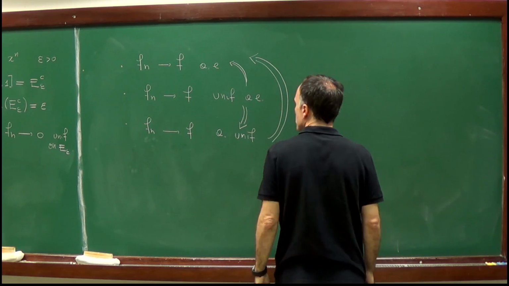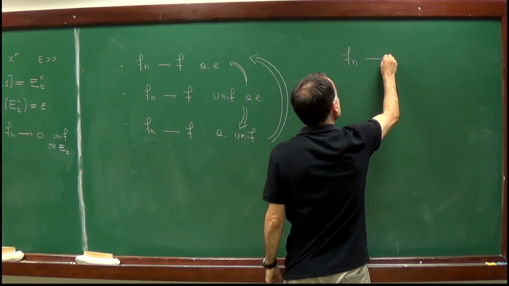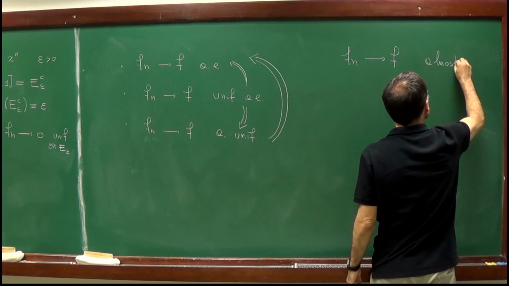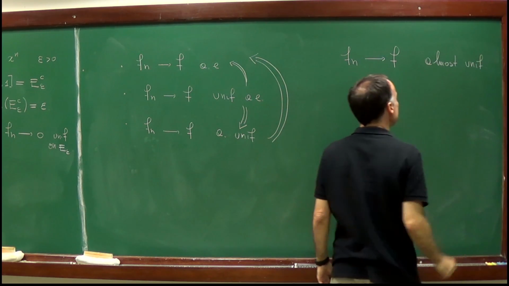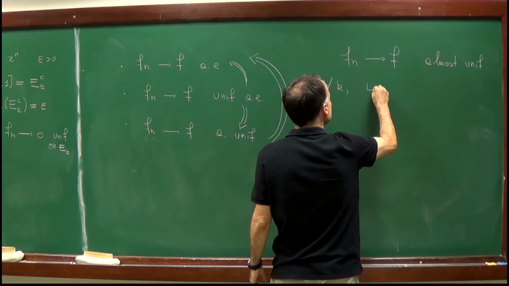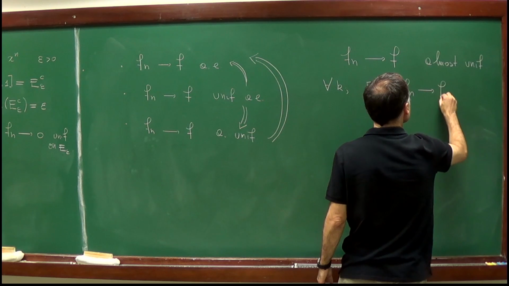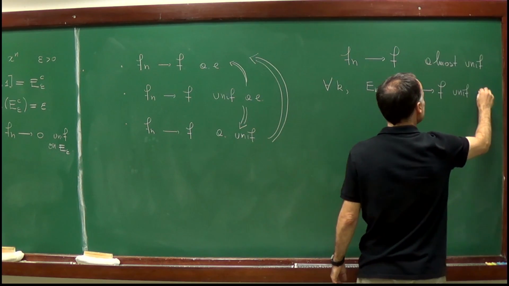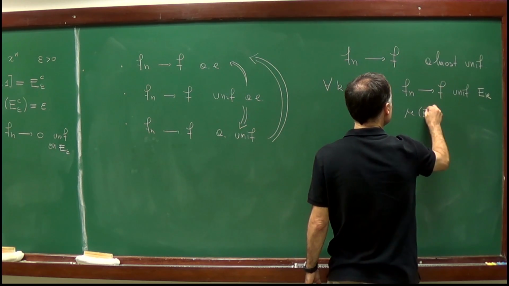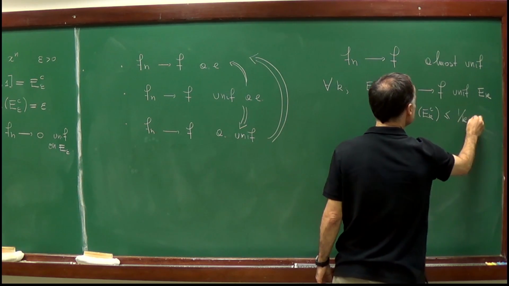So let me use this piece of the blackboard in order to prove that. So let's assume that fn is converging to f almost uniformly. This means that for any k, you can find a set Ek such that fn converges to f uniformly on Ek, and the measure of Ek complement is bounded by 1 over k.